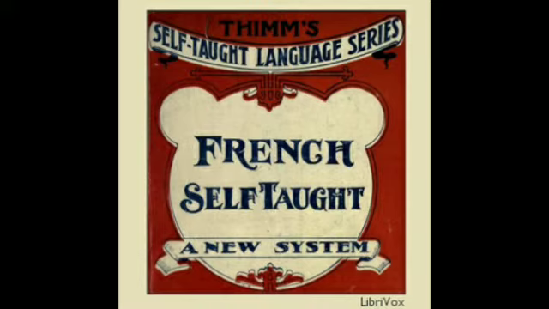A Hungarian, un Hongrois. Hungary, la Hongrie. An Englishman, un Anglais. England, l'Angleterre. Feminine. An Irishman, un Irlandais.